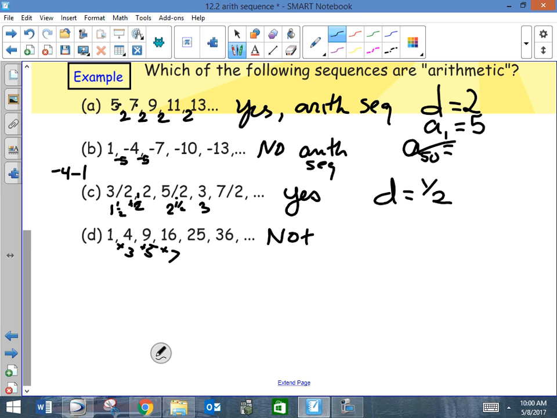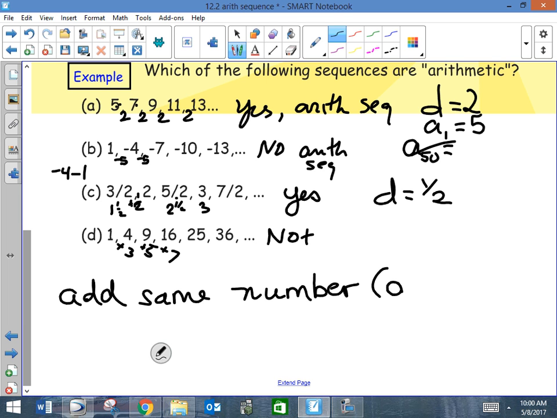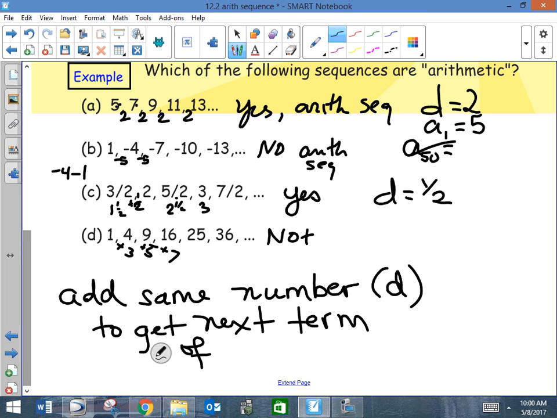That's the arithmetic sequence, you have to add that same number, which is your D, to get the next term of the sequence.